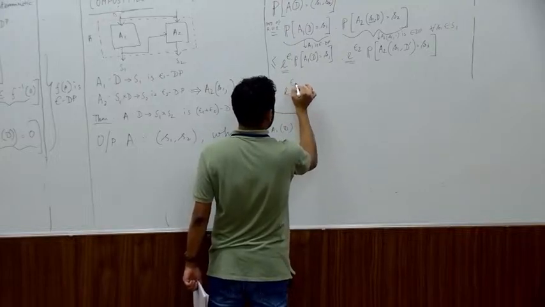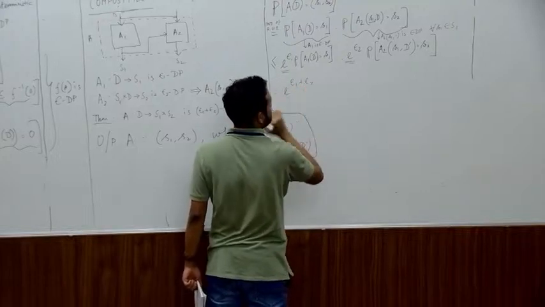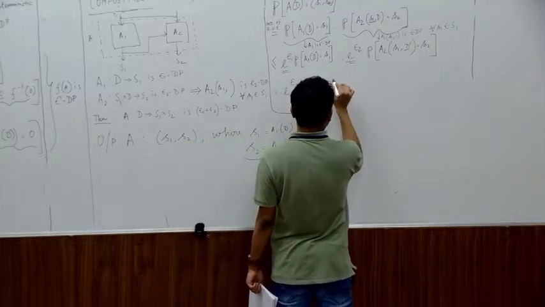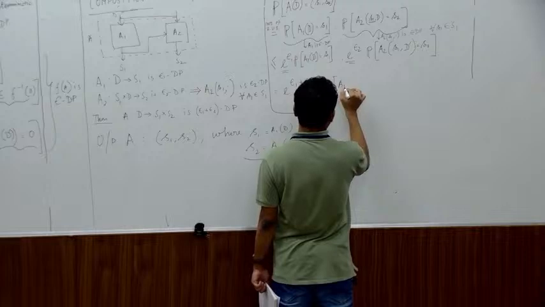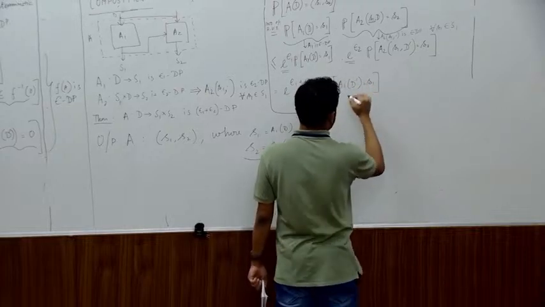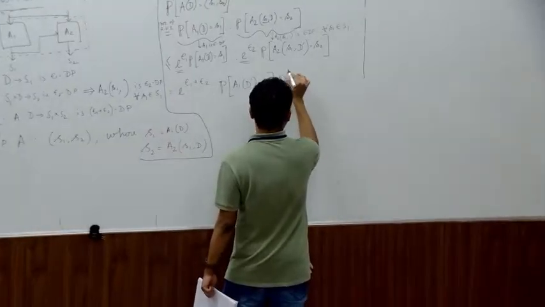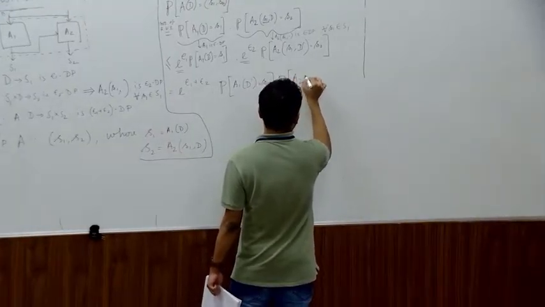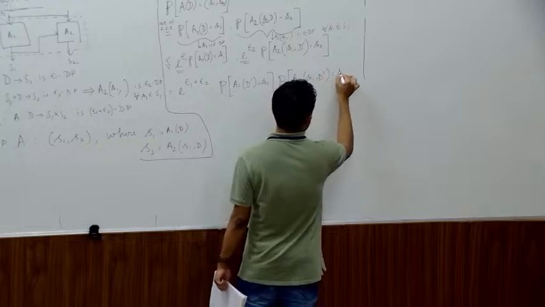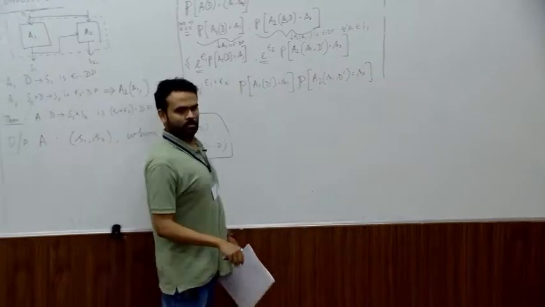We have e to the power epsilon 1 plus epsilon 2 and this term, probability of A1 of D dash is s1.